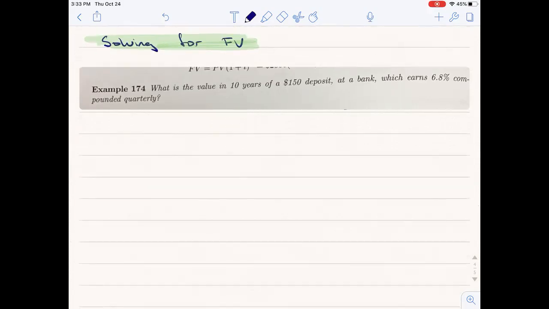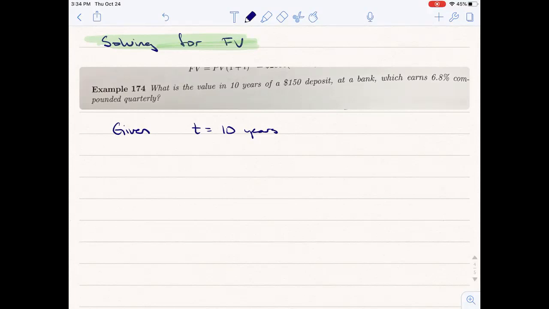But we're given, the first thing we're given is that T is 10 years. The initial deposit, that's the present value. So that's the initial amount. Remember, in terms of your timeline, the present value is always on the left-hand side, and then it grows to the future value. Opposite way for you guys, but.